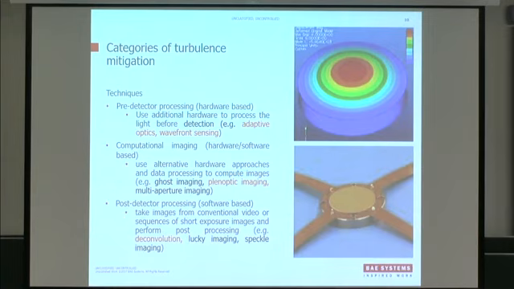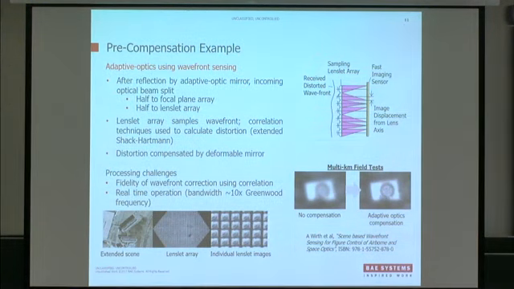So I'm going to talk a little bit about what's called adaptive optics, which is what this is, and wavefront sensing. Computational imaging, well, in this one you change the hardware and you do some processing after you've captured the image, because you don't capture a standard image to recover the image. I'm going to talk about plenoptic imaging a little bit there. And then post-detector processing is purely in the software. You've captured the image using a conventional camera, and then you use some software to try and recover the image or at least improve it. And I'm going to talk about deconvolution in there.